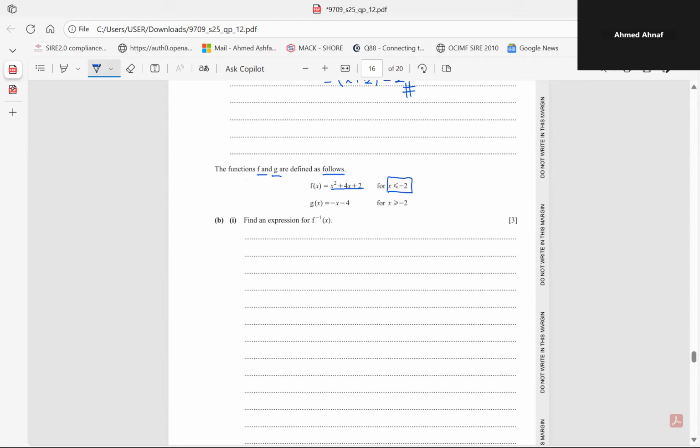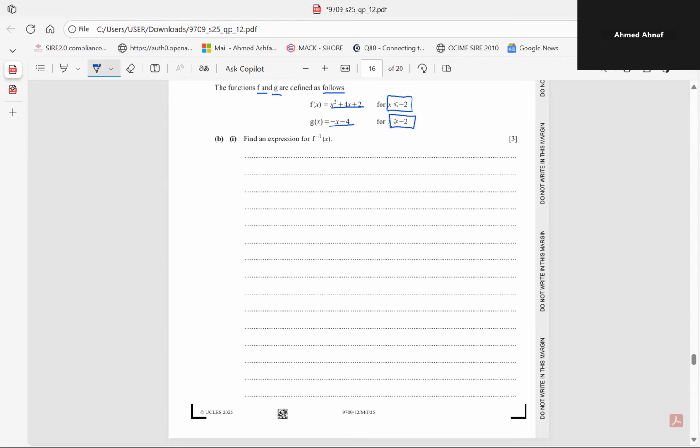And then g(x) is minus x minus 4, so it's a straight line for x more than or equal to -2. All right. So for the first part, we're going to have to find an expression for f inverse x.